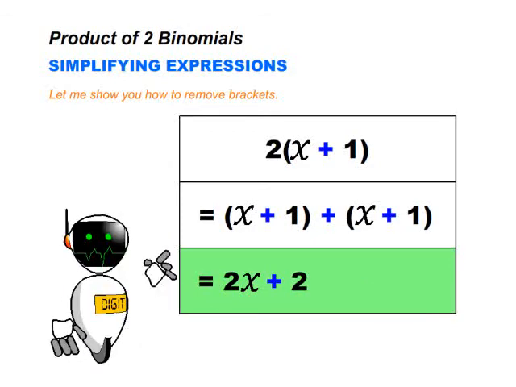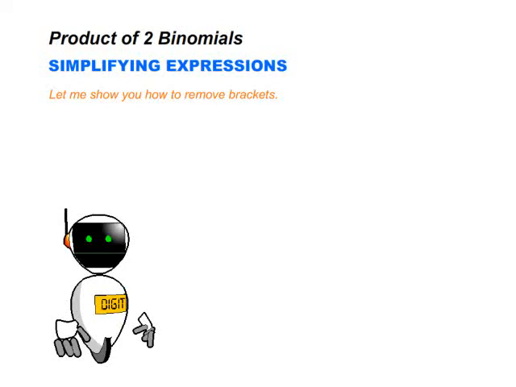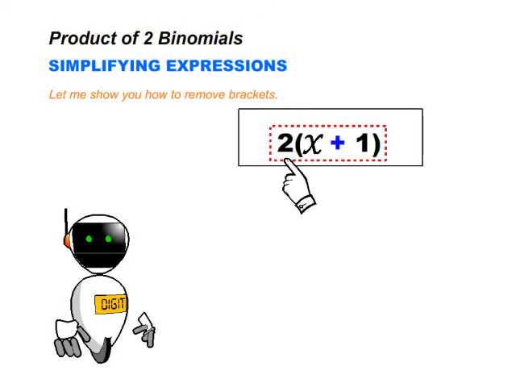Show us a quicker way to remove the bracket. Okay, Digit. Let me clear the screen. Look at 2 multiplied by (x plus 1). This 2 must be multiplied with this x, and this 2 must be multiplied with this 1.